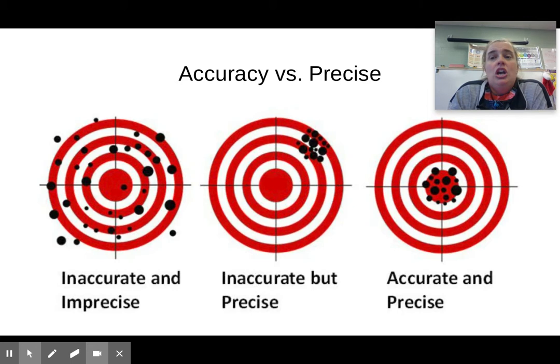That is why we take multiple trials, and we want the results to be as close as possible to each other. They may not be exactly the same every single time, and that is fine, because just like when we threw darts, we were not at the exact same spot every time, but we were close enough. They were very, very accurate in that respect.